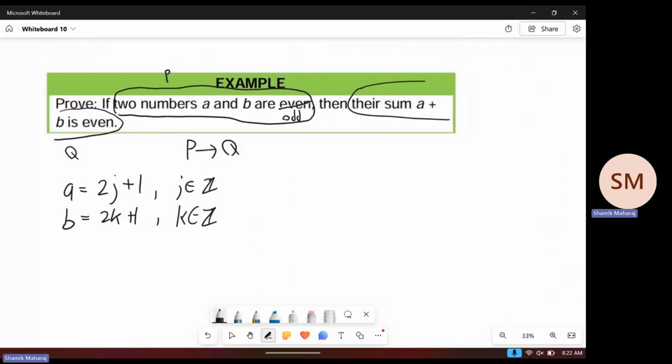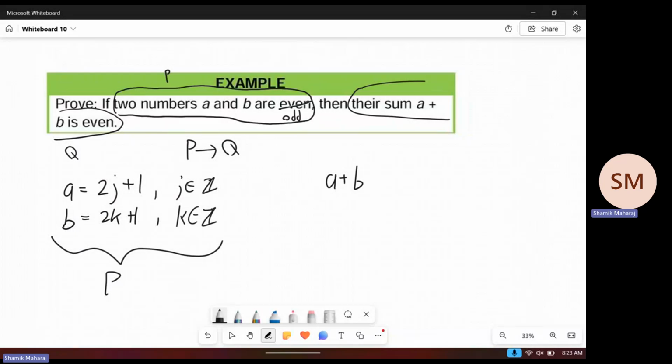Okay, now the second part, you guys can probably see it fits quite easily. If this is the assumption made from P, then I follow the instructions in Q, which tells me the sum A plus B must be even. So can I now prove this A plus B is even? Yes, we can quite easily.